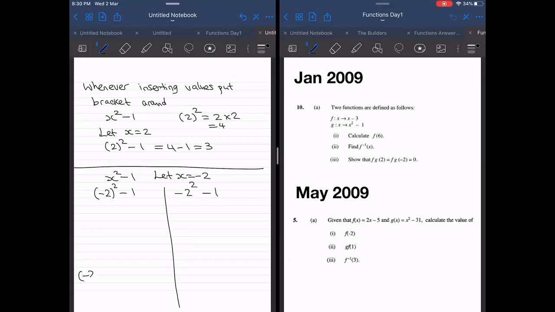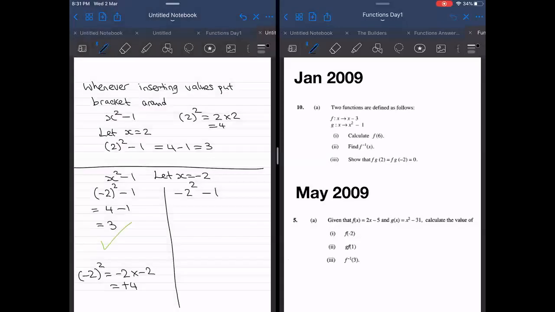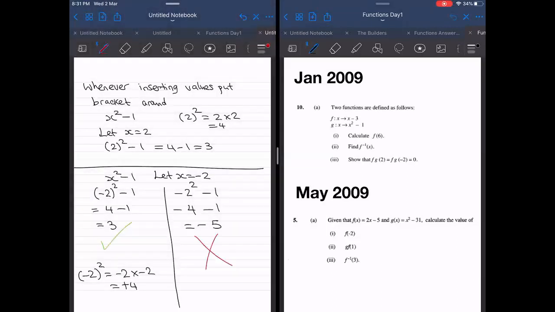So minus 2 all squared is saying minus 2 times minus 2, which gives you positive 4. So this gives you 4 minus 1, which is 3. And this is correct. However, when students don't put the bracket around it, what they do is say minus, and then you say 2 squared is 4, and then you say minus 1, and so you give minus 5. That is incorrect.